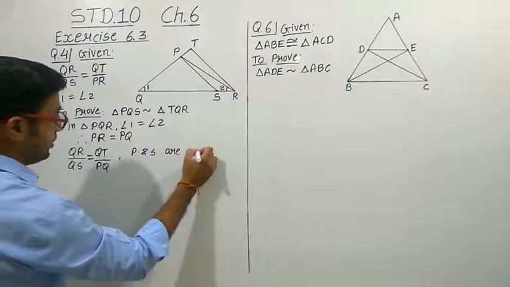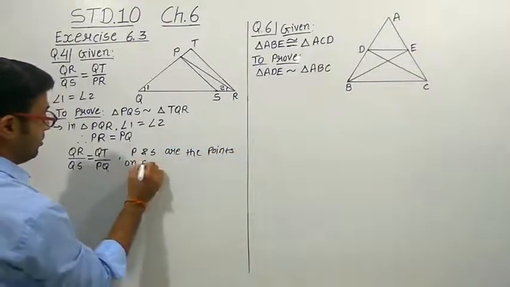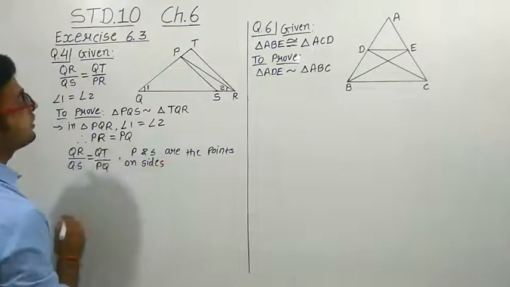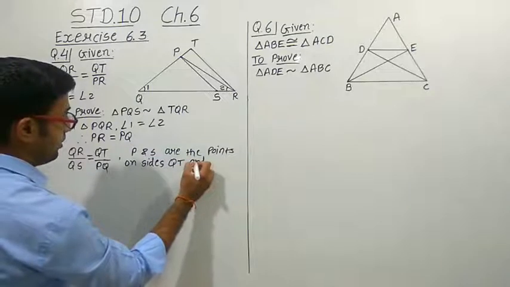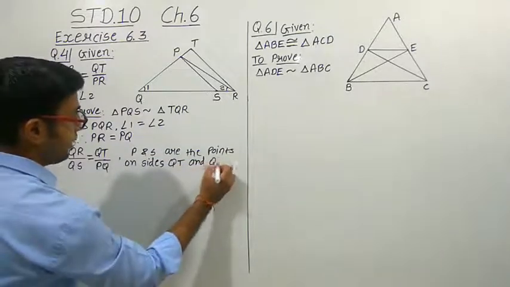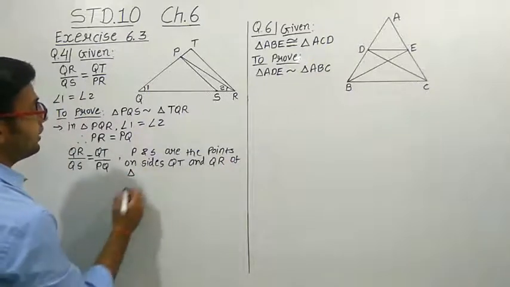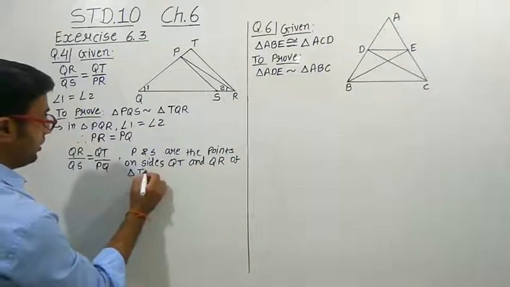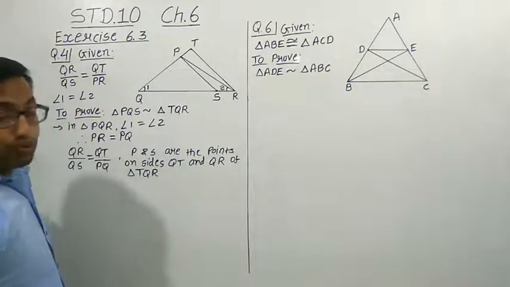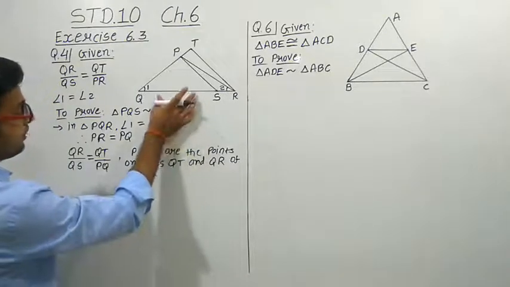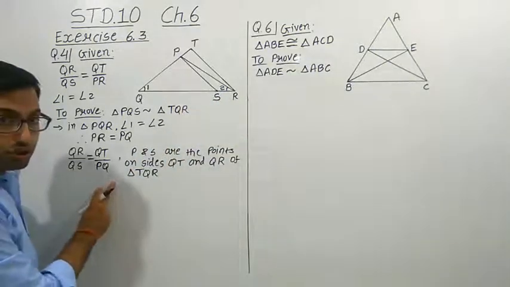So here this is the ratio, and we can write down that P and S are points on sides QT and QR of triangle TQR. So two sides of the triangle are divided into two parts and they are in the same proportion.